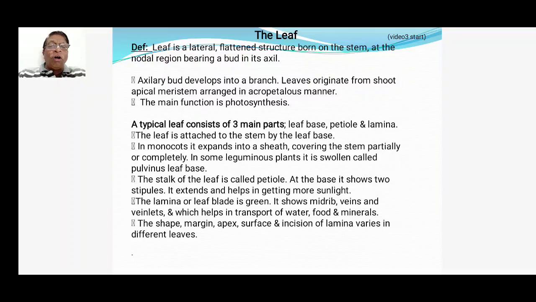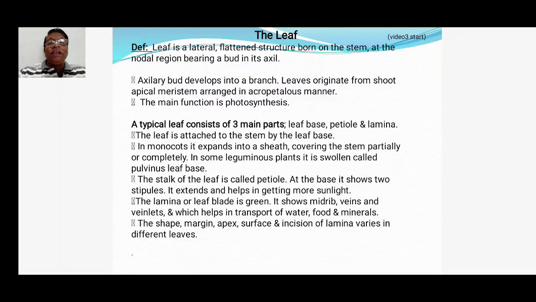That is, in monocots, the leaf base is expanded into a sheath-like structure, which we call sheathing leaf base. If you examine some plants like groundnut, the members of the family Fabaceae or Leguminaceae, in leguminous plants, for example groundnut, the leaf base is swollen.